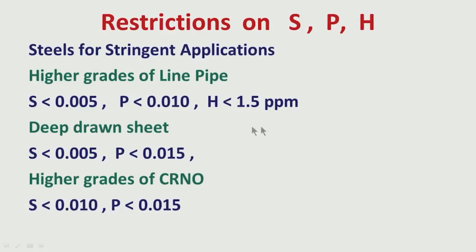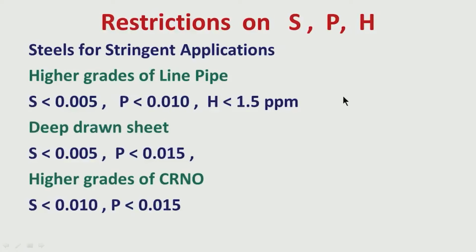I had discussed earlier oxygen, nitrogen and inclusion size. Look at the stringency now: sulfur has to be less than 0.005, phosphorus has to be less than 0.10, hydrogen has to be less than 1.5 ppm. So these are the levels of stringency in line pipe steel for sulfur, phosphorus and hydrogen.